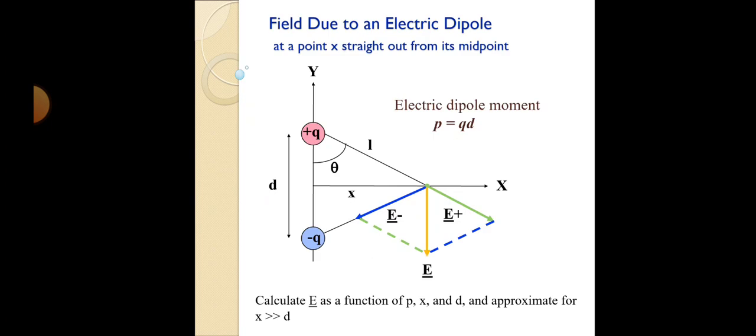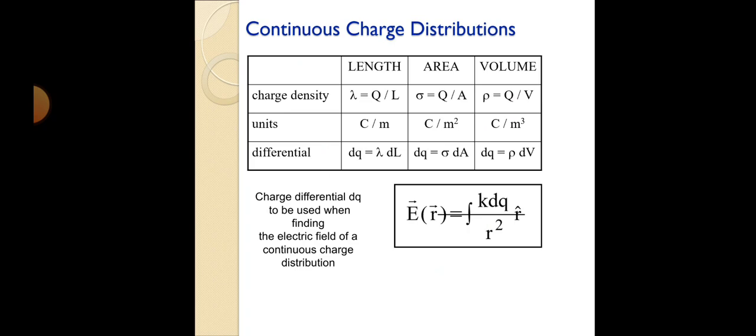And here we can see the field due to an electric dipole. Here one dipole is there, with minus Q and plus Q charges, and the distance between them is d. At any point it will exert an electric field, by the plus Q charge and the minus Q charge, and we get E vector as the net electric field.